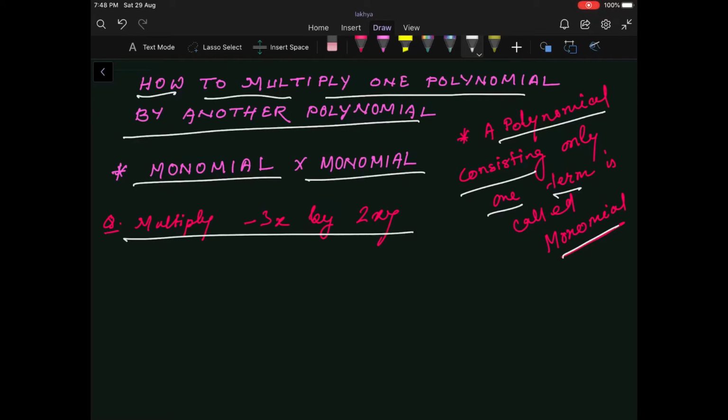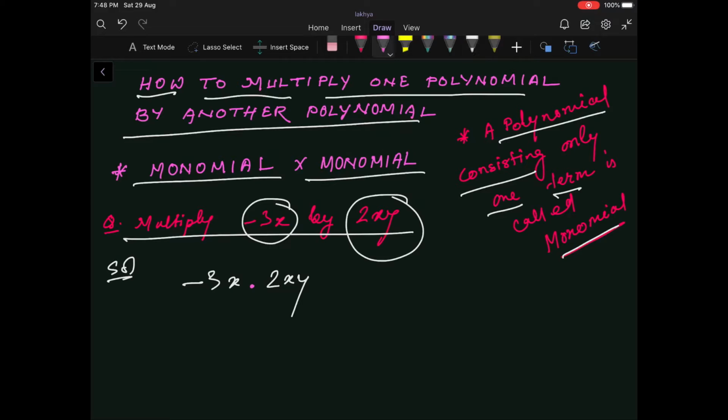Let me show you how to solve this. So there are two monomials, one is minus thrice x, another is twice xy. So minus thrice x into twice xy. Okay, in order to multiply these two monomials, first we have to multiply the coefficients.